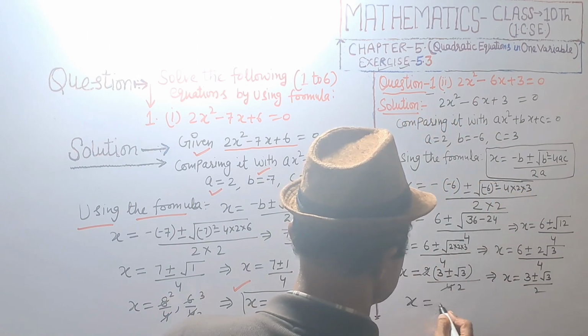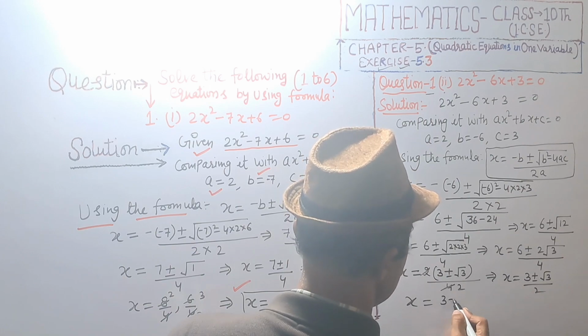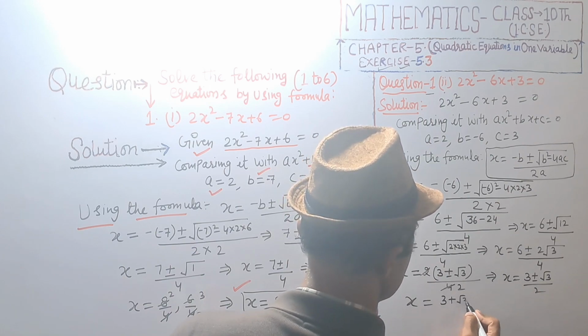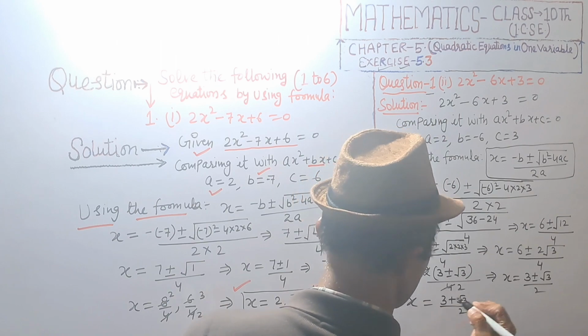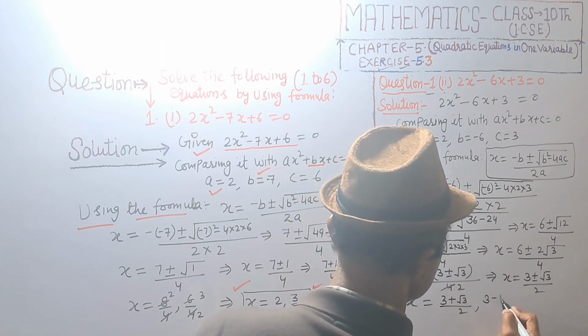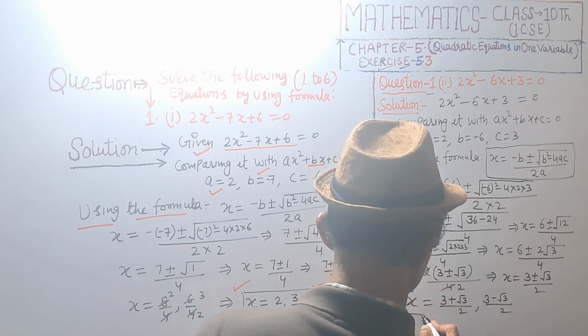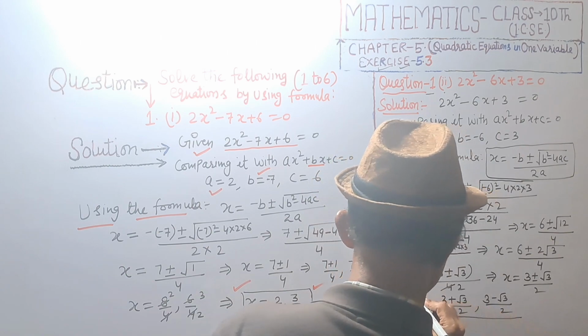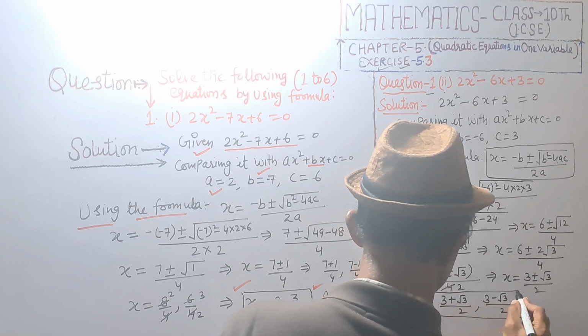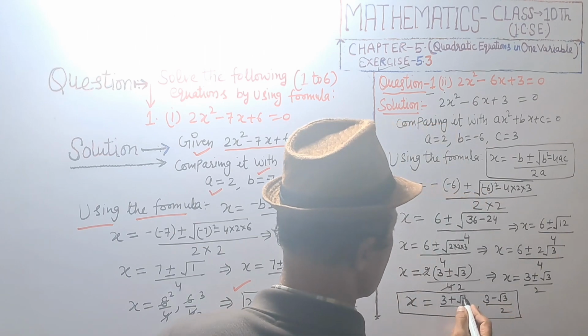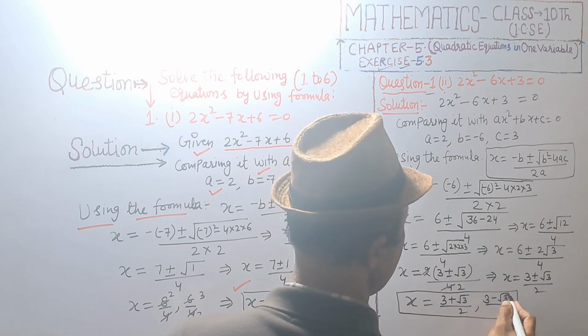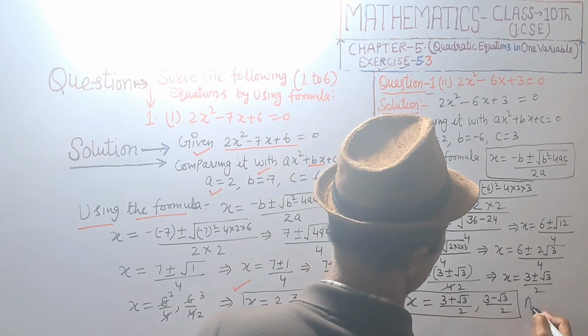And the value of x we can write as 3 plus root 3 upon 2 comma 3 minus root 3 upon 2. Two roots of x, that is 3 plus root 3 upon 2 comma 3 minus root 3 upon 2. Answer.